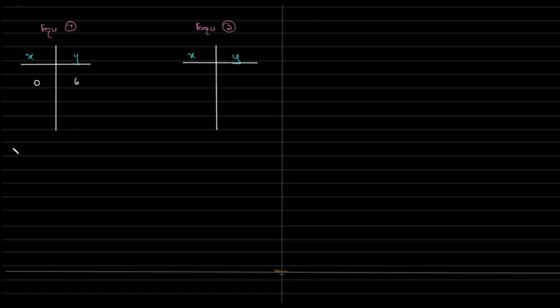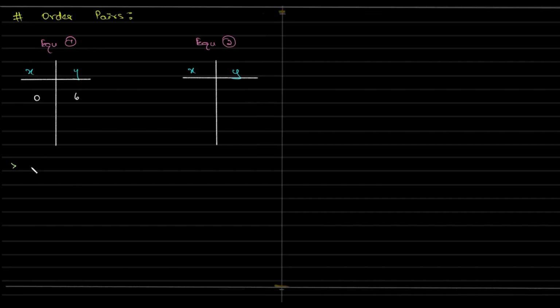If any one of you is confused with what I just did, we just did this. Substitute y is equal to 6 in equation 1. So x will be equal to 7 into 6 minus 42, which is 42 minus 42 is equal to 0. I just did that, nothing else.